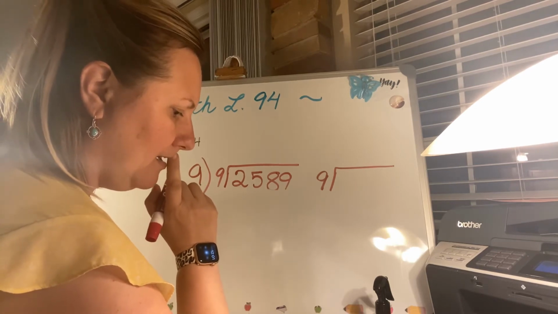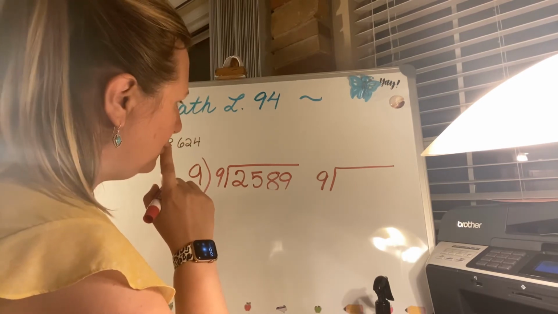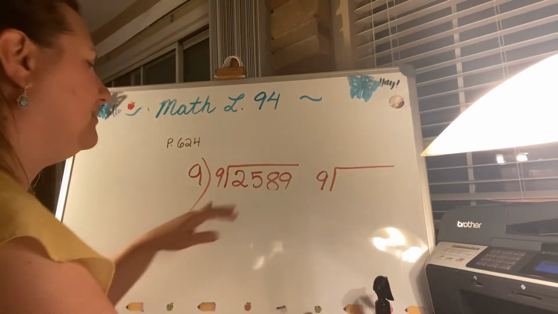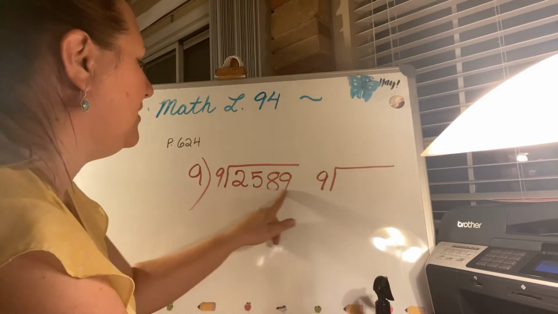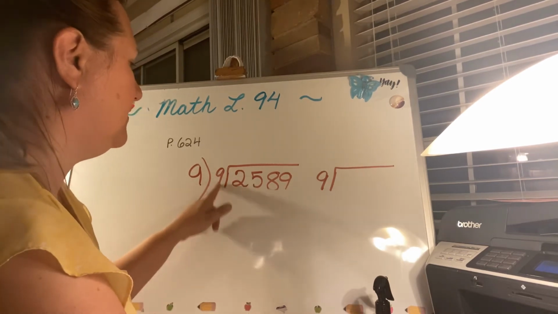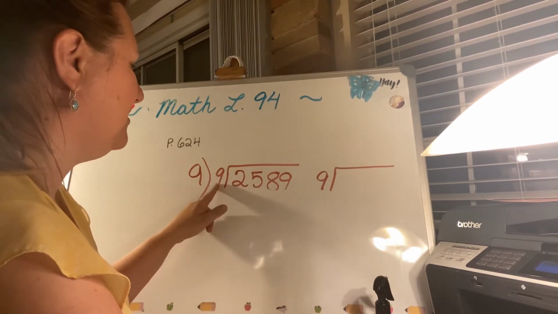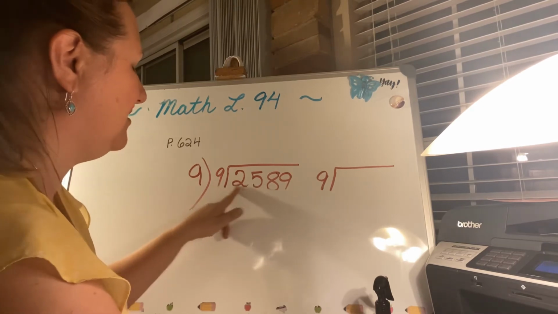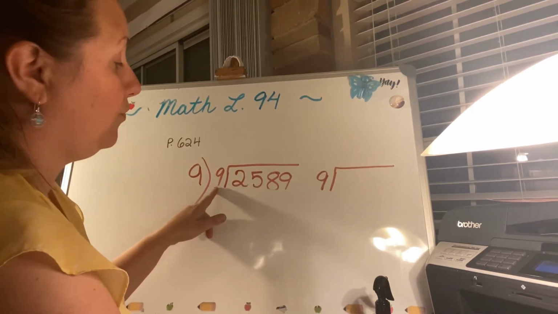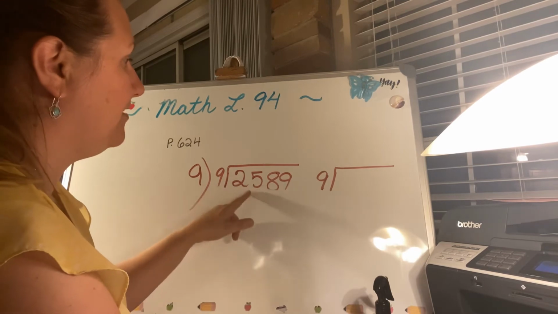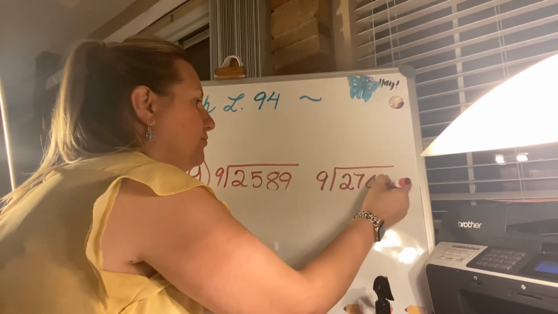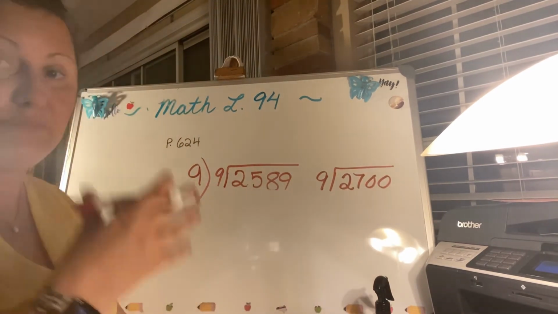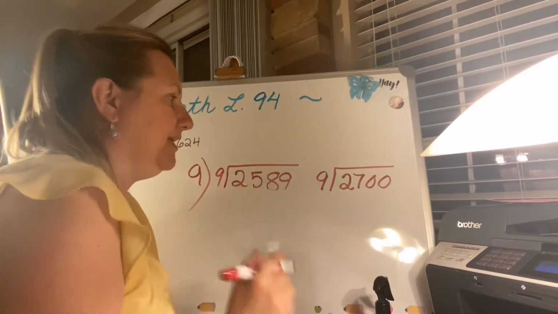It seems to me like it would make sense to think about what would be a number that would be divisible by 9. Like 9 times 2 would be 18. That's a little small. 9 times 3 is 27. So why don't we round it to 27 with 2 zeros? It's a little bit high, but at least we get an idea.